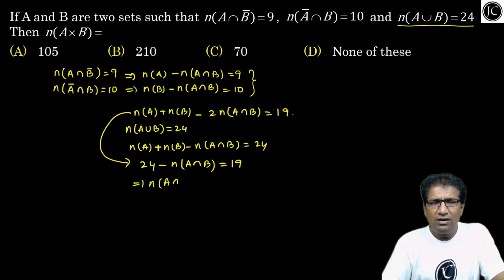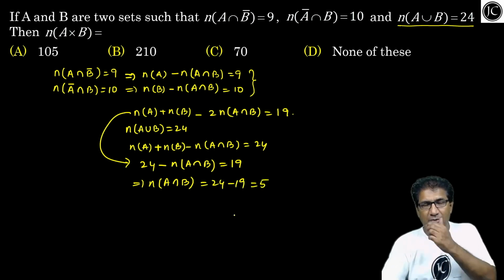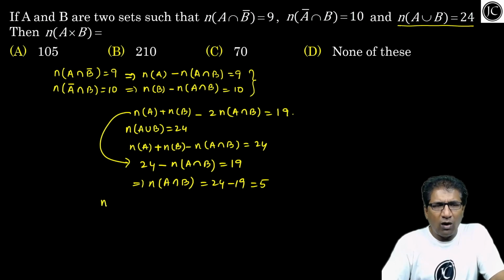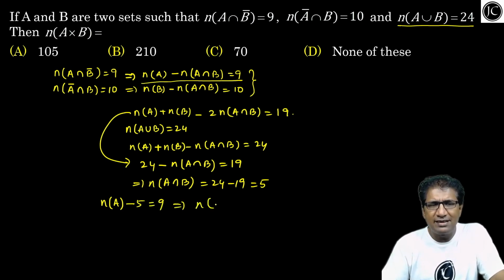So the number of elements in A intersection B is 24 minus 19, that gives us 5. Right? Now, children, look, what is the cardinal number of A then? From this equation, we can say n(A) minus 5 is 9, which implies n(A) is 14.